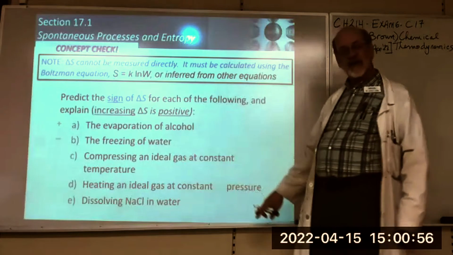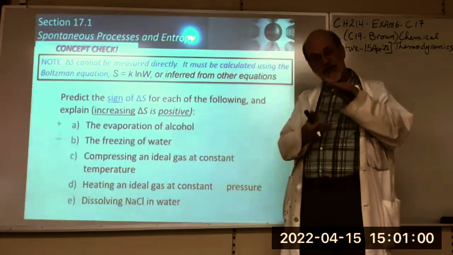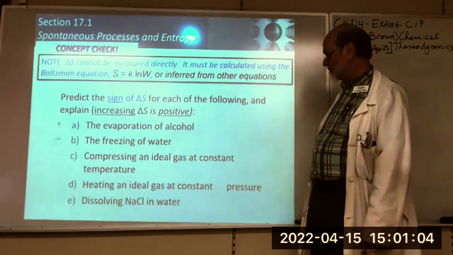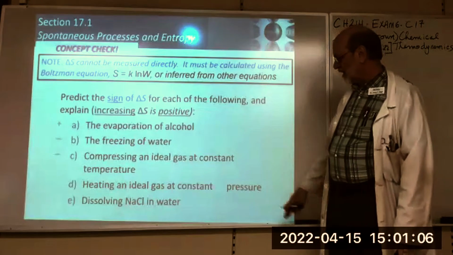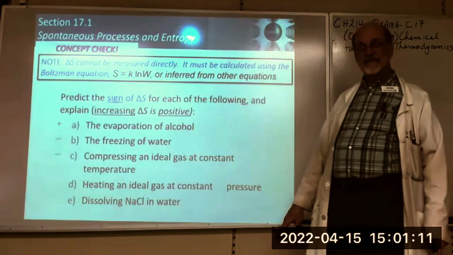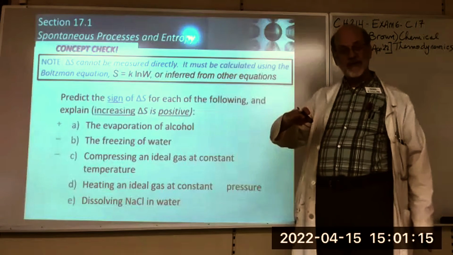Compress an ideal gas at constant temperature. You compress it, it's got less volume, but the same number of moles, your entropy is decreasing. Heat an ideal gas at constant pressure. Okay, if you heat it, the pressure is constant, then what's going to happen?